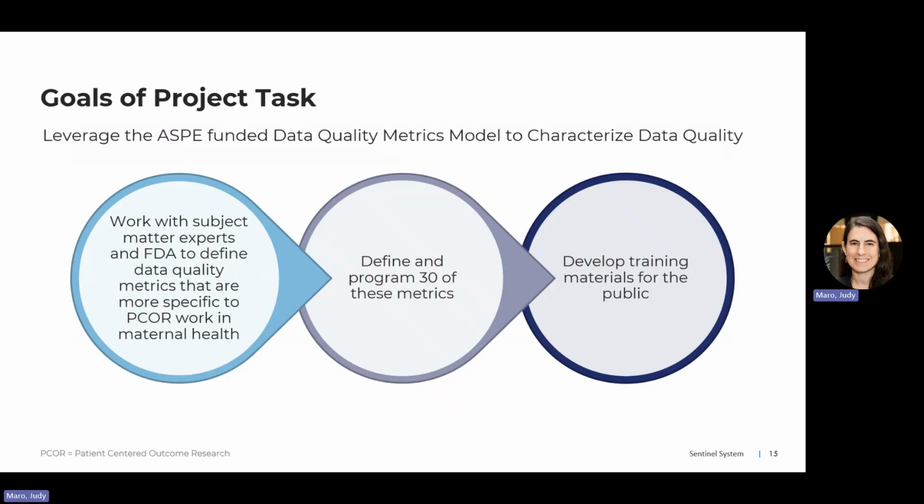So the goals of this particular project were to leverage the ASPE-funded data quality metrics model to characterize data quality, particularly for PCOR work and in mental health. And how do we do that?